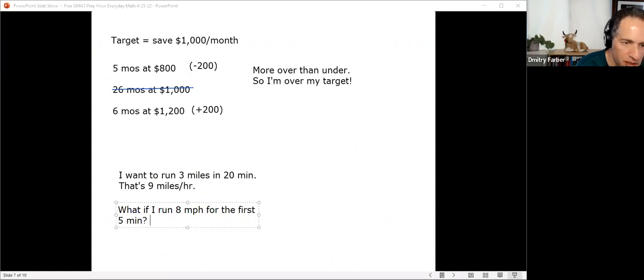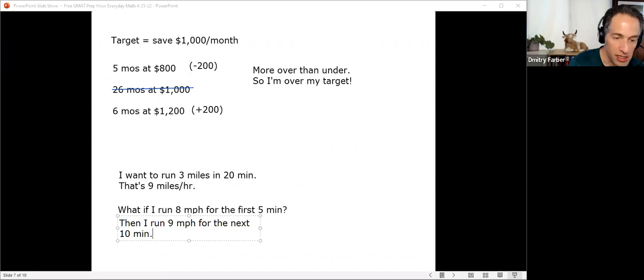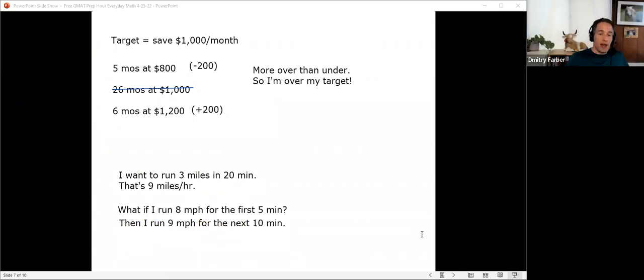Okay, so I'm under my target. Then I run 9 miles an hour for the next 10 minutes. Well, that changes my average in the sense that it's up from 8 miles an hour, but 9 miles an hour is the target. So I'm hitting the target.